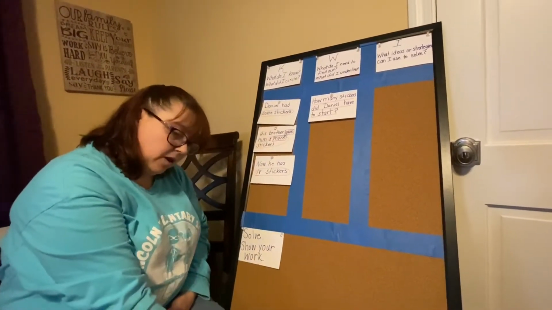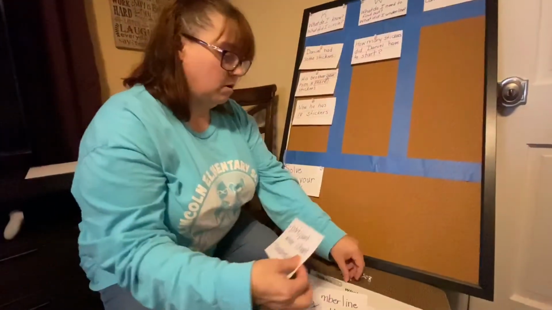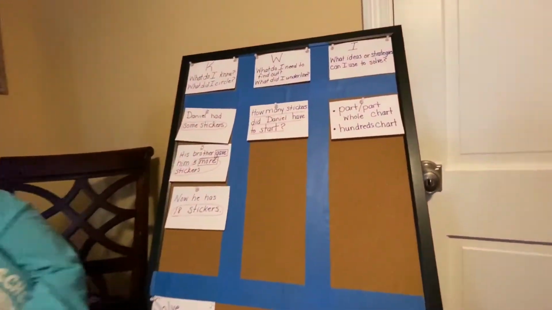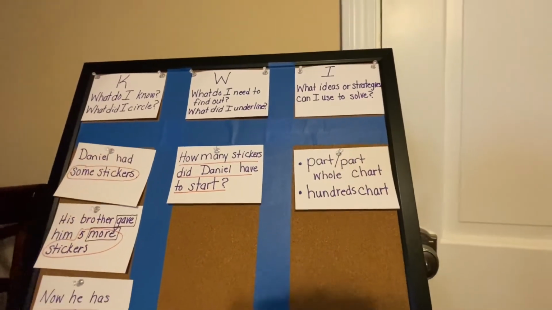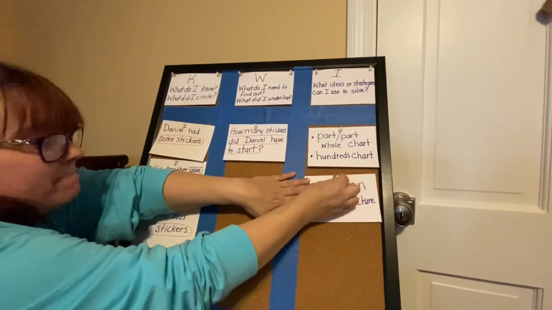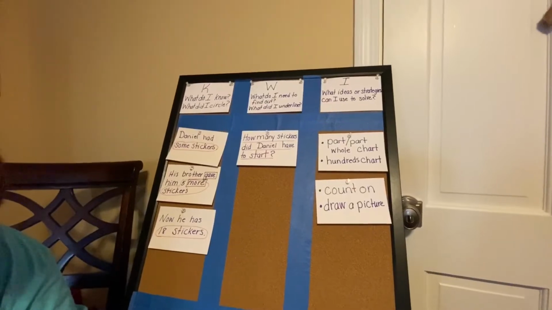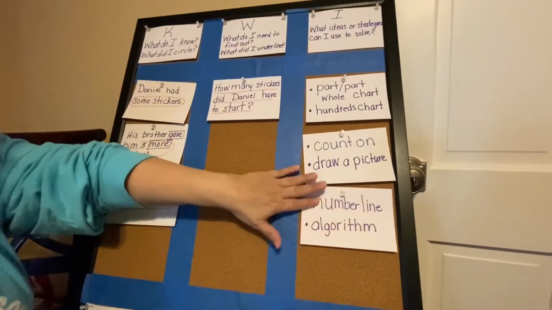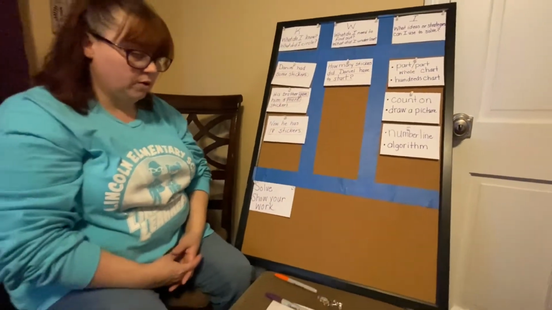Now I want to talk about some strategies or tools that I can use to solve. First off, I have some tools that I can use. Those tools are our part whole chart or a hundreds chart. Those will give me some help when I solve the problem. Now, some other strategies that I could use are to count on, or to draw a picture, and to use a number line, or the traditional algorithm, which is the problem that you see, or the equation that you see when you solve a problem.